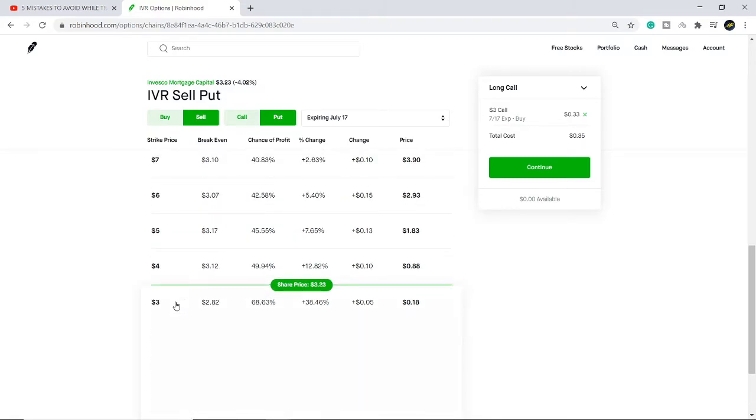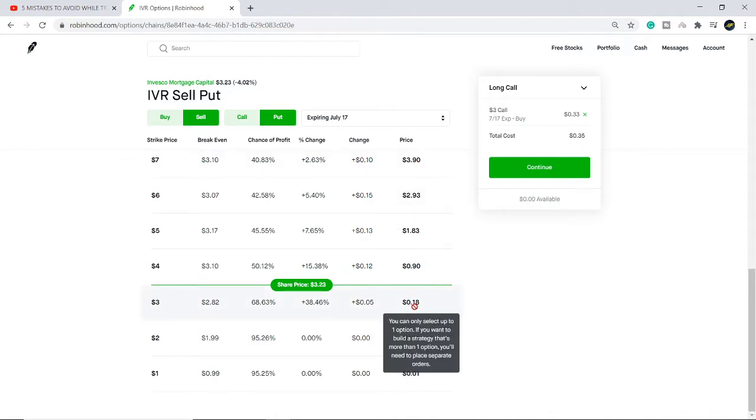So when you click it, you get this whole sheet right here, but don't worry about that. So pretty much, this is the price. And instead of you paying this price, you have to lock in collateral, which essentially means you have to lock in $300, because you're saying that if this stock goes below $3, you'll buy 100 shares of IVR for $3 each.